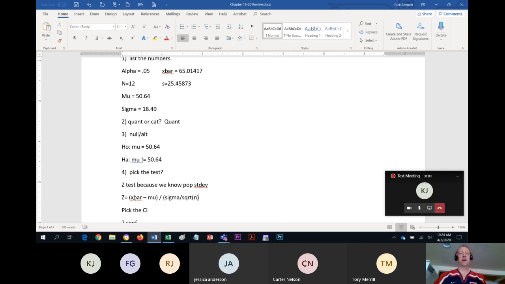So, okay, let's see here. X bar minus mu, and mu in this case is what? 50.64. Okay. Divided by 18.49 over the square root of 12.